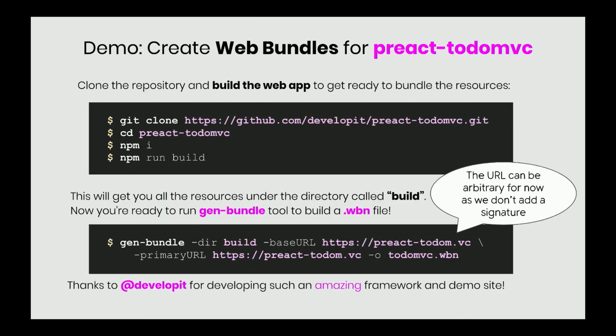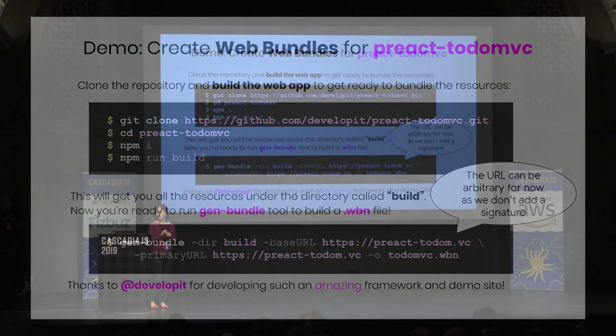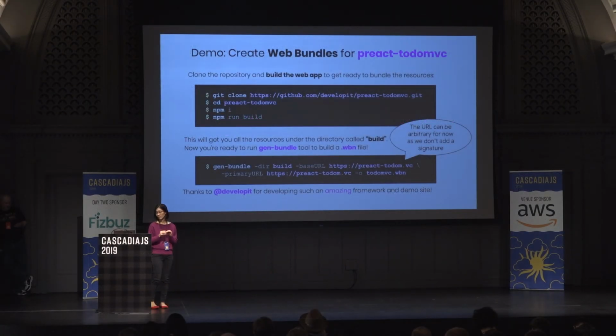So let me show you how it could work with a real site. For this example, we chose TodoMVC done in Preact. All you need to do is clone the repository and build the site to make resources available to be bundled. And then you can just run the bundling tool.